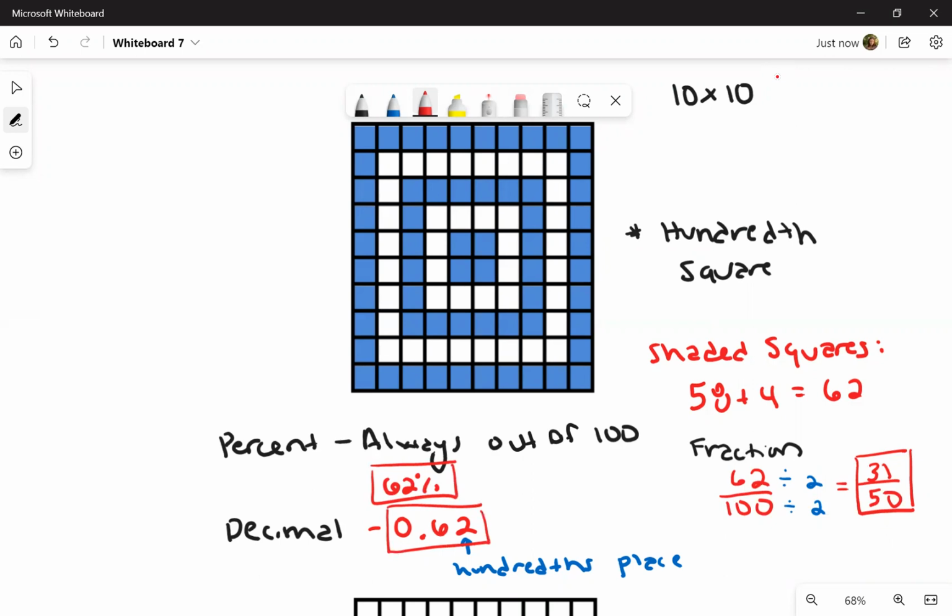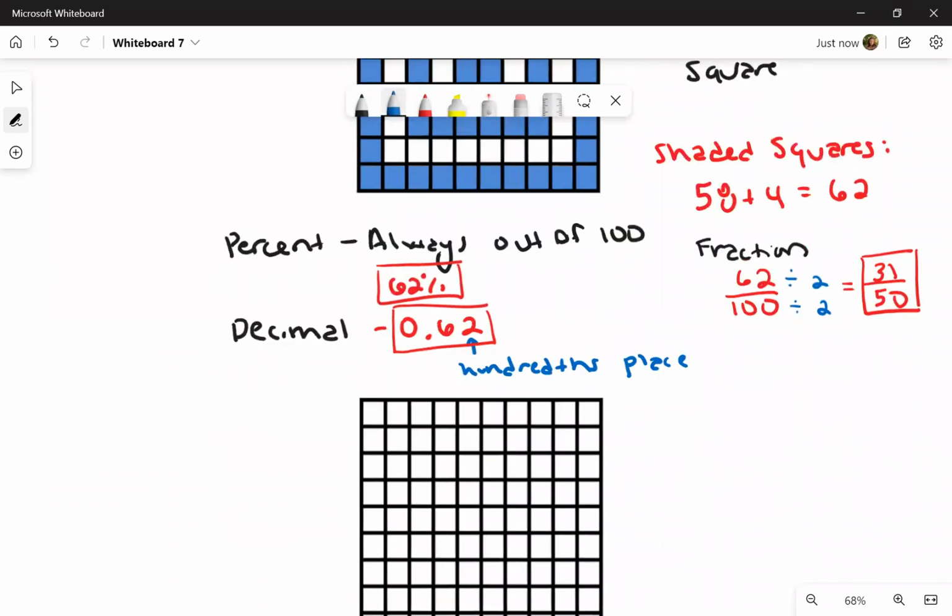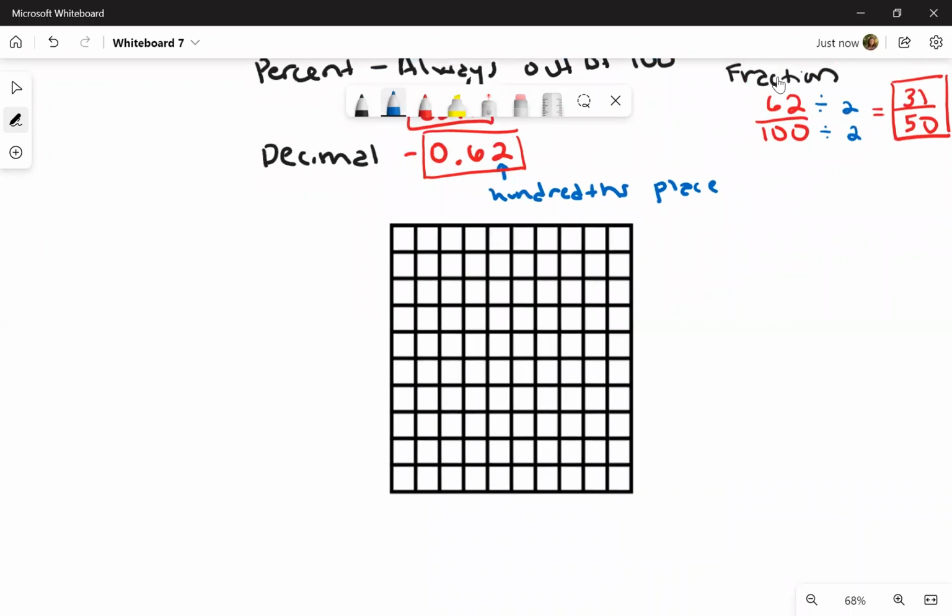So these pictures, these squares, 10 by 10 squares, actually make it really easy to convert between fractions, decimals, and percents. Okay, so let's try an example. But this time, we're going to shade the square. And let's say I want to shade, let's do a fraction. I think that'll be the most fun. 3/5 of the square.